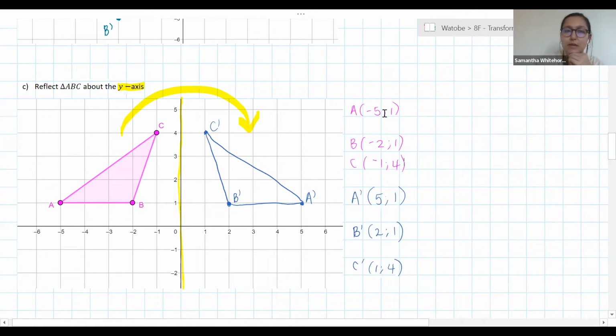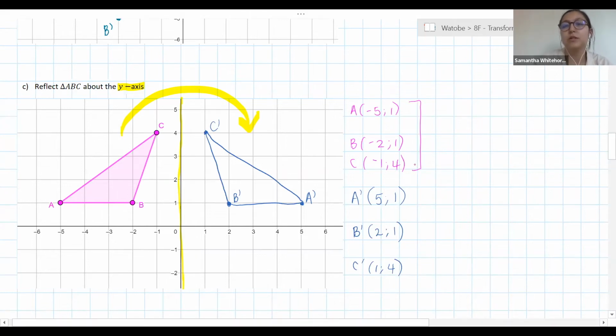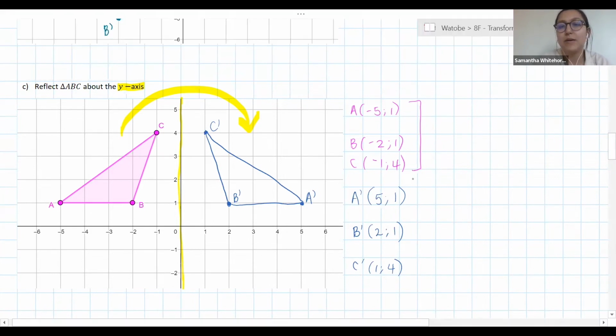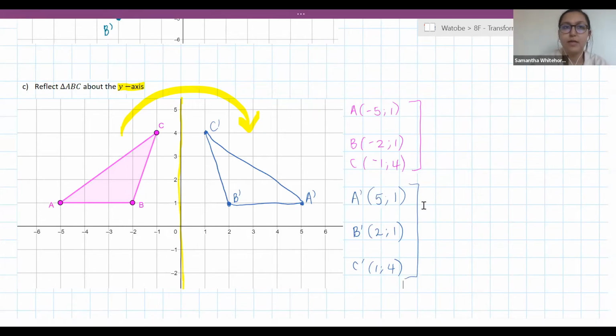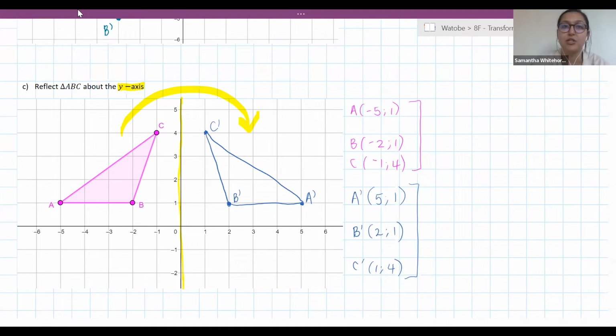What we can see by comparing the original coordinates with the new coordinates is that all of the y coordinates stayed the same. All of these second coordinates here have stayed exactly the same. But what has happened is that the x's have changed signs.